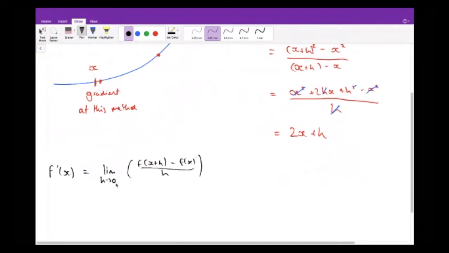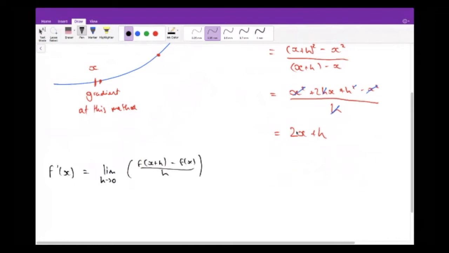And we take it as h goes to 0. Now, the reason we say the limit as h tends to 0 is because we can never really have h being completely 0, because that means that one point is completely on top of the other point, and there is no line joining them up.